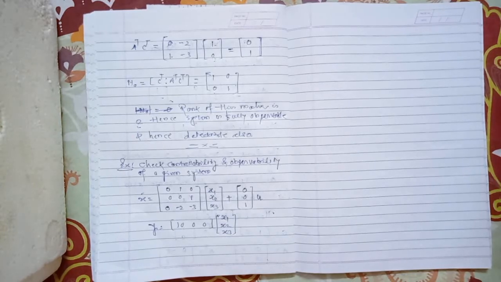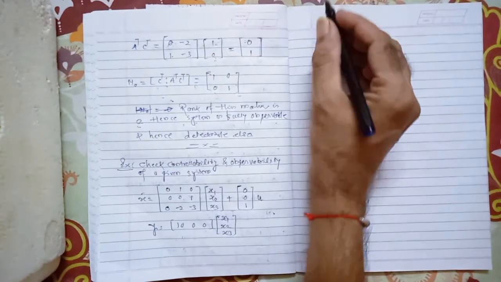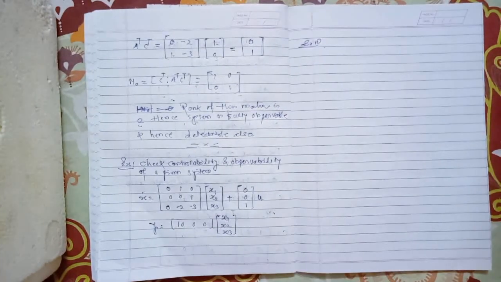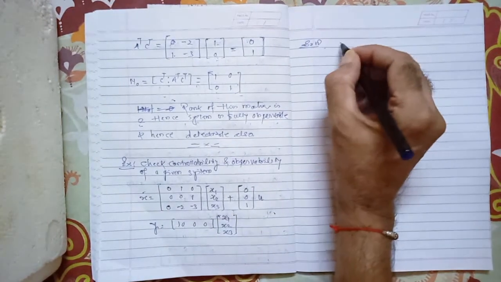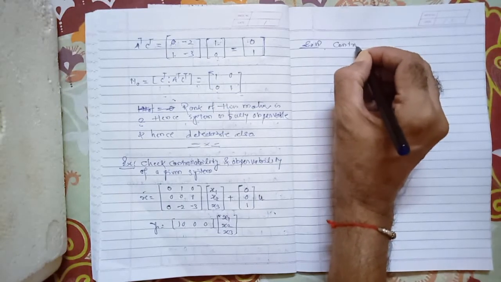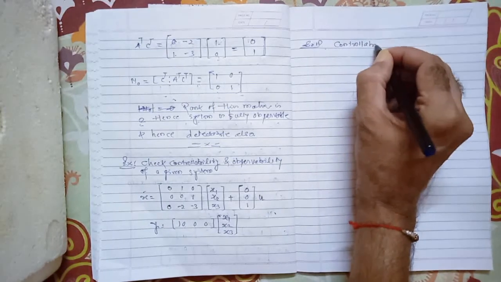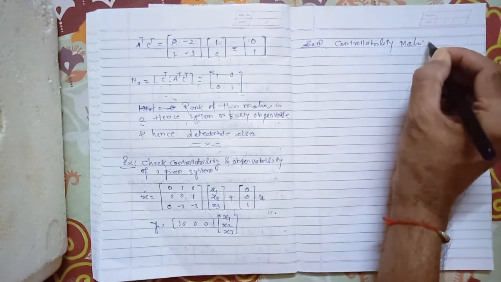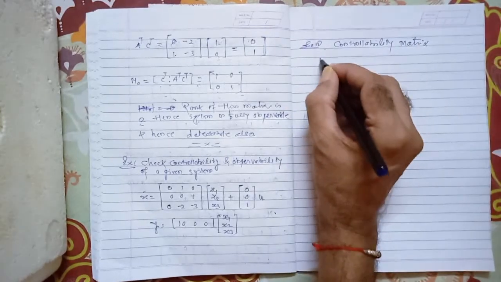Now first we will see the solution for this one. What will be the solution? First we will write the controllability matrix MC.